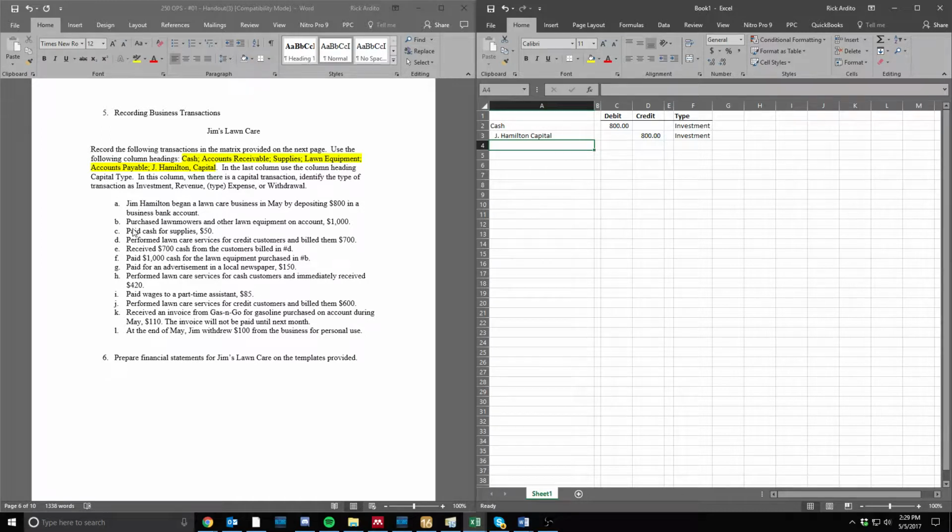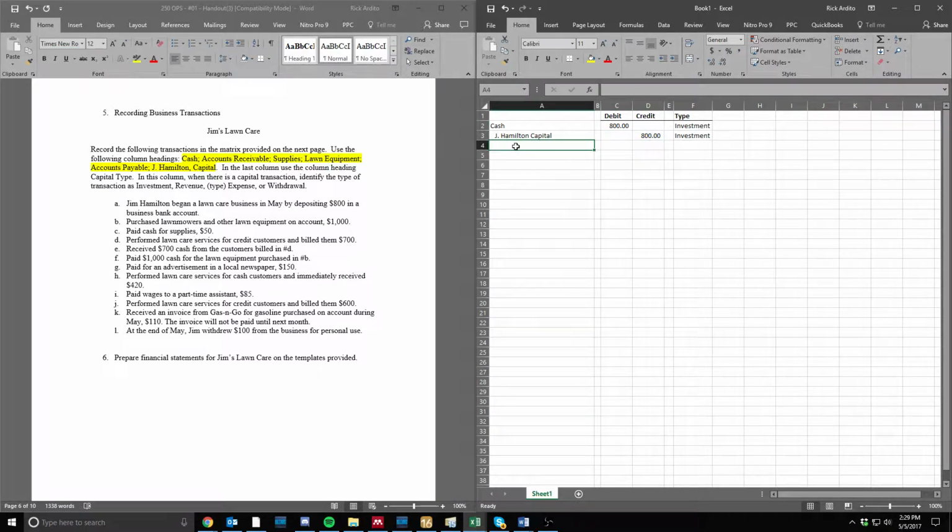That's entry A. Now B, we purchased a lawnmower and other lawn equipment on account for $1,000. The key words here, we purchased lawnmower and other lawn equipment. We did it on account, which means we did not use cash yet. Notice we only have $800 in the business bank account, so we couldn't spend $1,000 in cash at this point anyway.